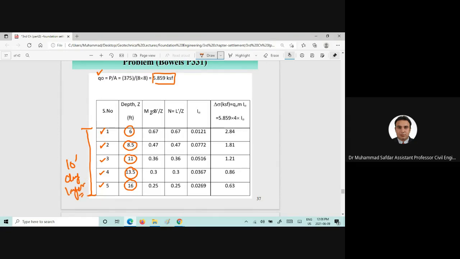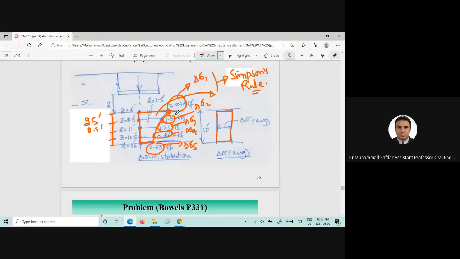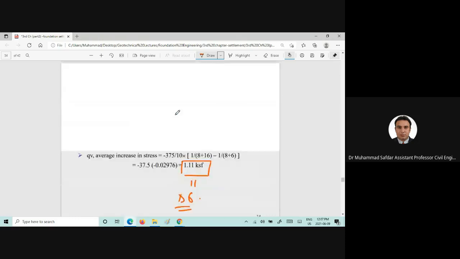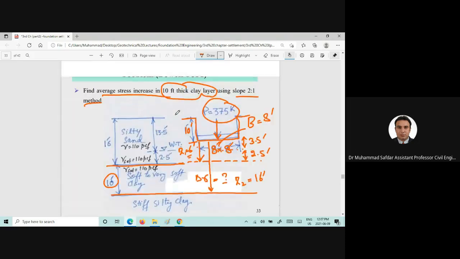Then we will find out M, which should be B prime divided by C. Then we will find out N, which will be L prime divided by C. And once we get those two values, M and N, we will come up to this figure.